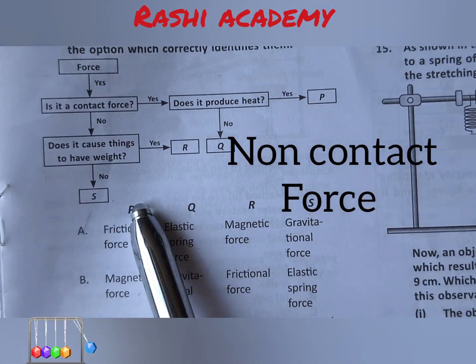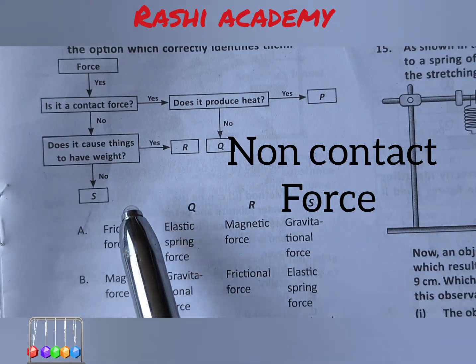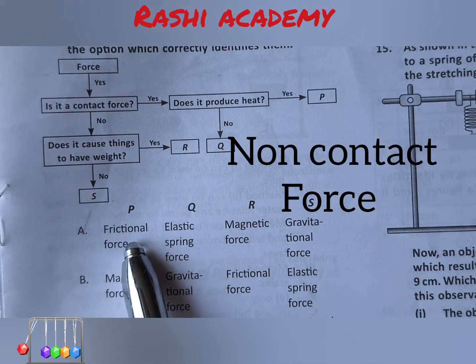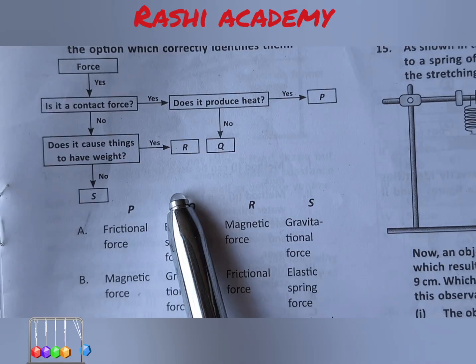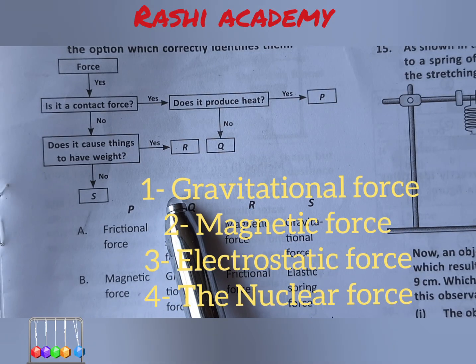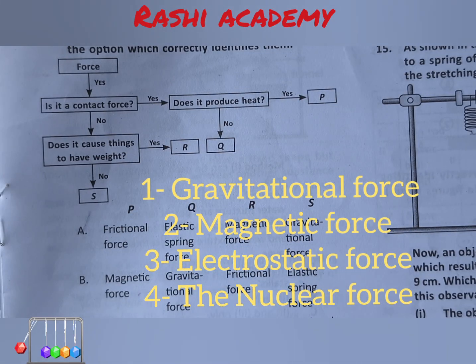What are non-contact forces? It's a type of force that acts on an object without any contact with each other. I'll give you the names of the non-contact forces. Number 1, gravitational force. Number 2, magnetic force. Number 3, electrostatic force. Number 4, nuclear force. In nuclear force there are two types, strong nuclear force and weak nuclear force.